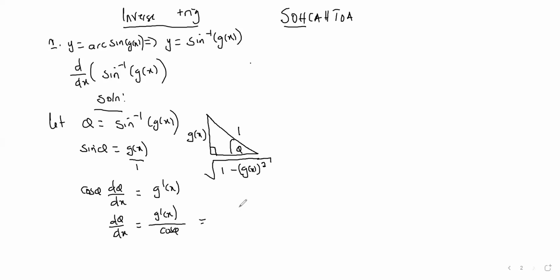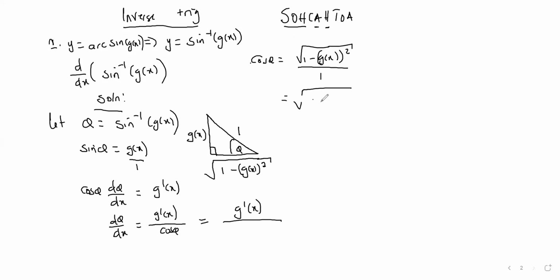But what is cos theta? Cos is actually adjacent over hypotenuse. So cos theta from this comes out to be the root of 1 minus g(x) squared over 1, which is just the root of 1 minus g(x) squared.